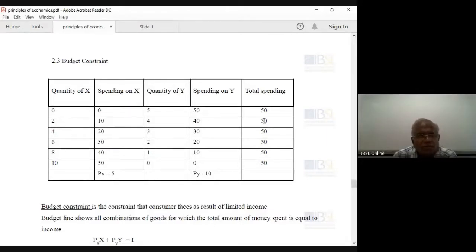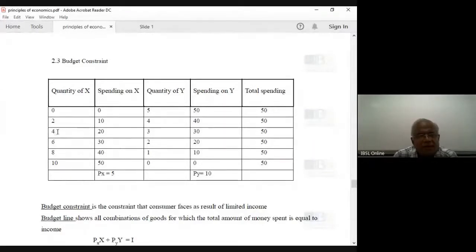Similarly, if he doesn't buy any X, he can spend all his income on Y. How many units? Price is 10, so he can buy 5 units. 5 into 10 is 50.